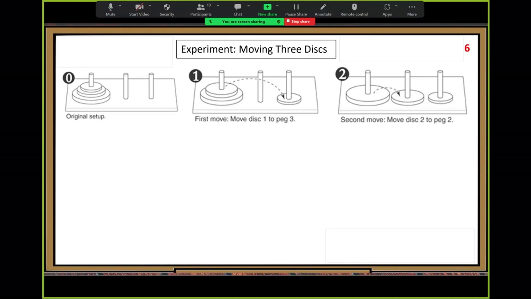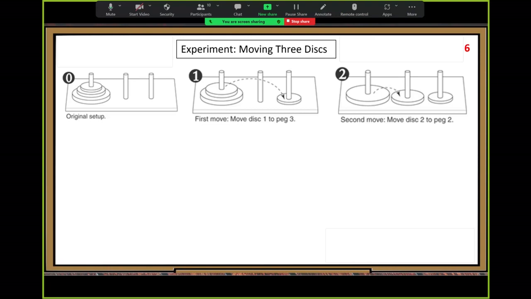The third one, here we cannot move the third one, right? Because the third disk is the largest. We cannot place it on top of a smaller one. So it has to stay on the first peg.